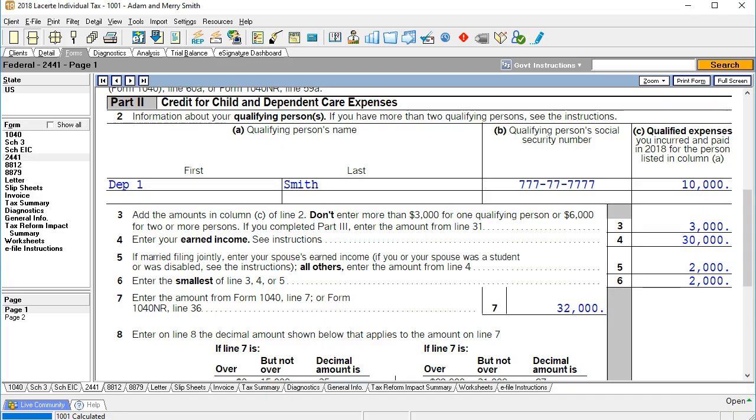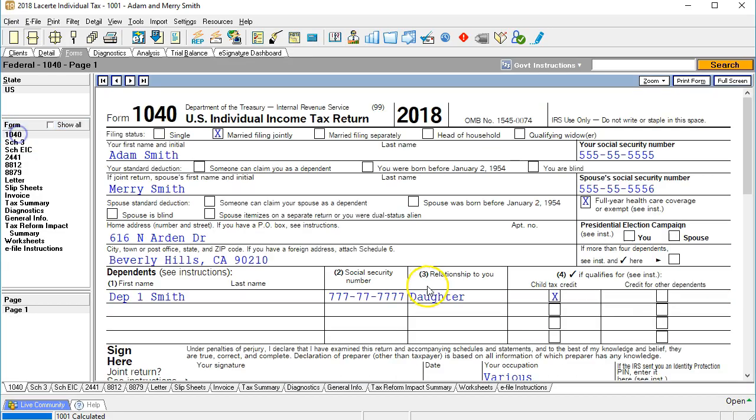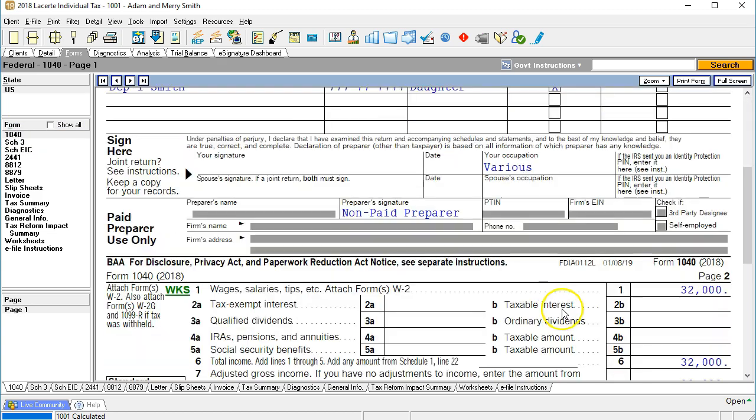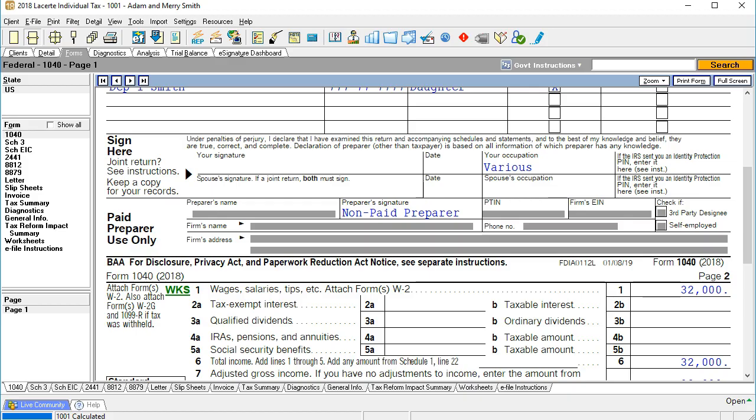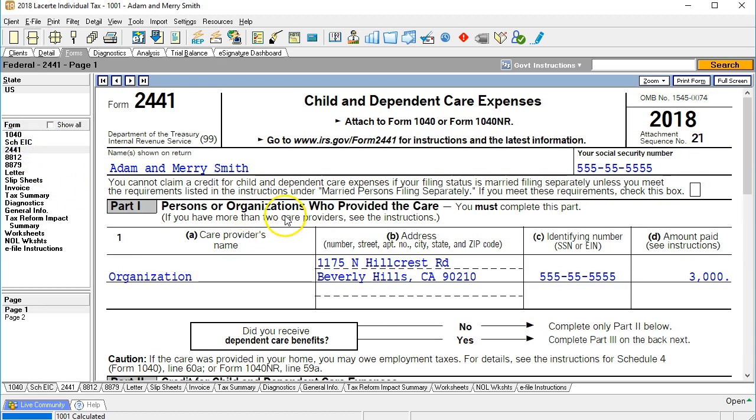In this case, if we were to see the 1040, the sum of those two would be here, so in this case, 20,000. I believe this is basically the scenario here. I didn't say they were married at the end of the year, but we'll say they were married at the end of the year. So we have the wages of 20,000, and our 2441 then.